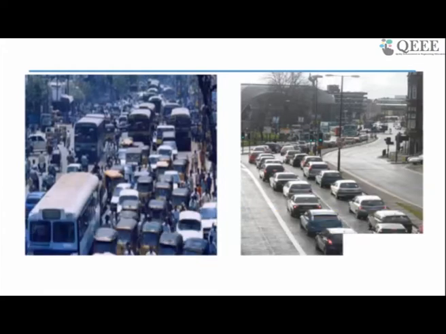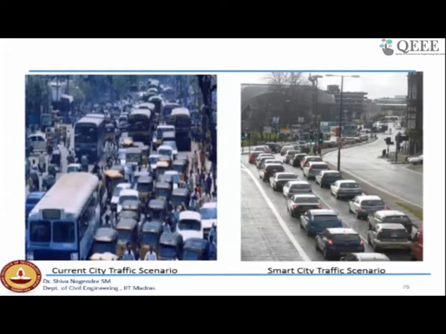Okay, so I think this is the current scenario. For example, I just mentioned the different types of sources here. Our Indian traffic, if you try to look at it, is heterogeneous in nature. It means that different types of vehicles are moving on the same road.